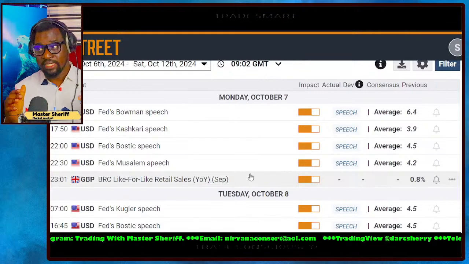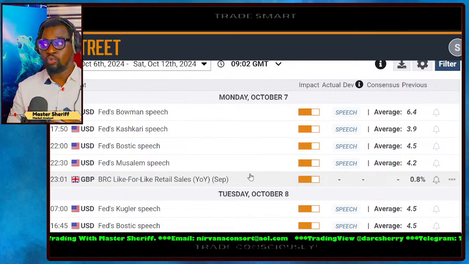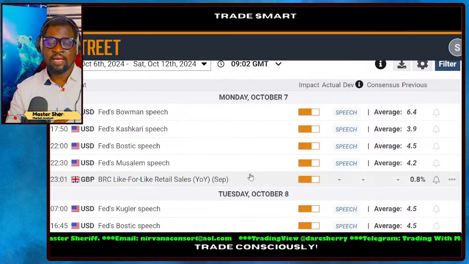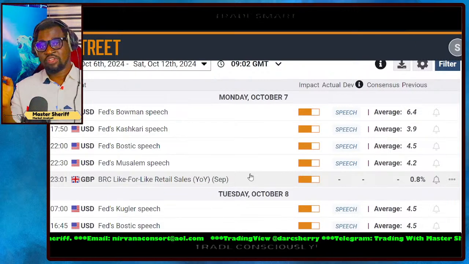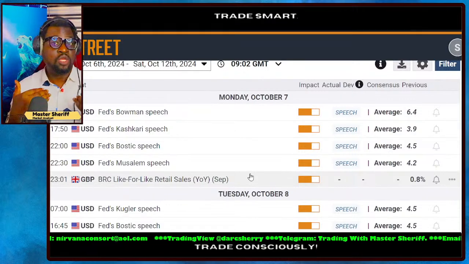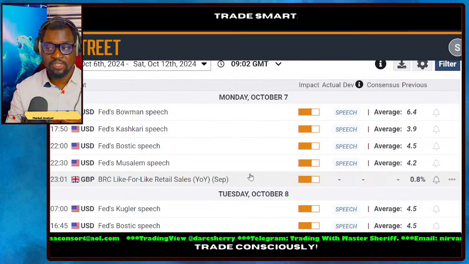However, on days like today, Monday, October 7, when we do not have any high impactful event, we will incorporate mid-tier economic features so that we can have a broader view into what market participants will be looking at for fresh impetus.